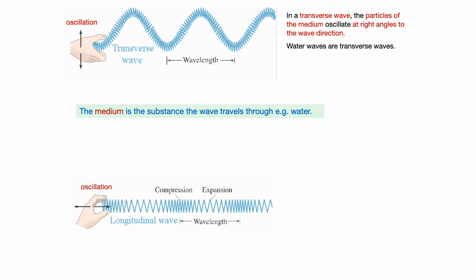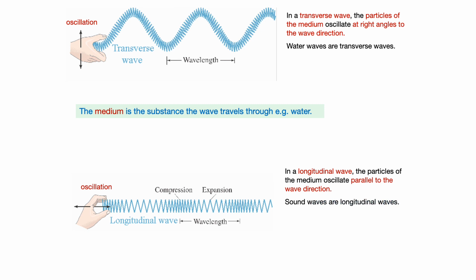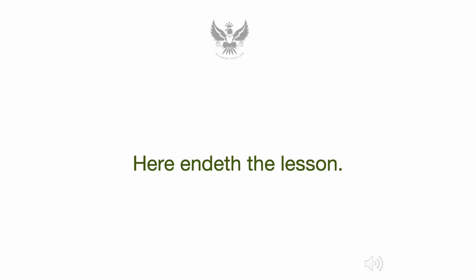And as you can see, you get a compression and then a decompression, sometimes called an expansion. And there's the wavelength between two compressions. So in a longitudinal wave, the particles of the medium oscillate parallel to the wave direction, and sound waves are an example of longitudinal waves.